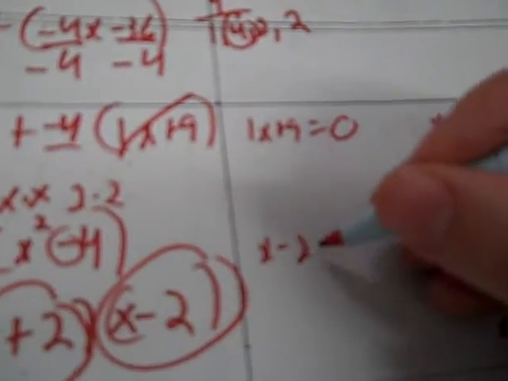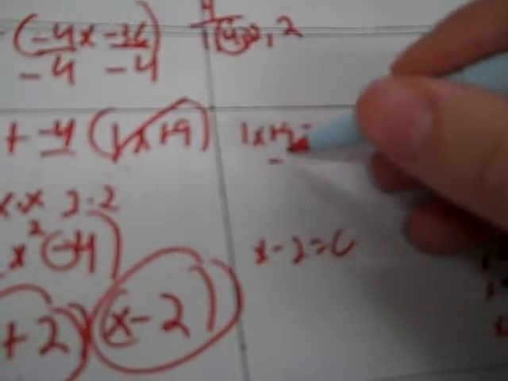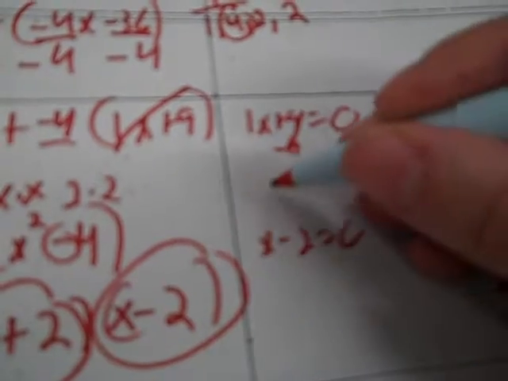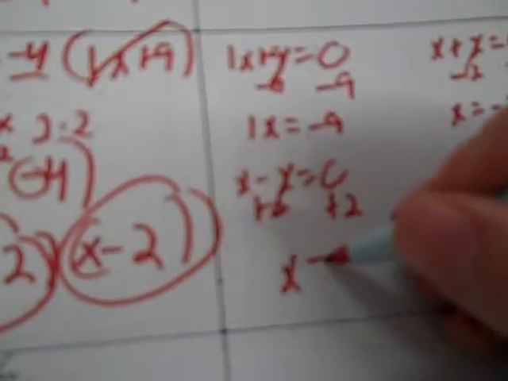My x plus 2 can equal 0. And my x minus 2 could equal 0. So 1x equals negative 9. There's your first answer. X equals negative 2. There's your second. X equals positive 2. There's your third.